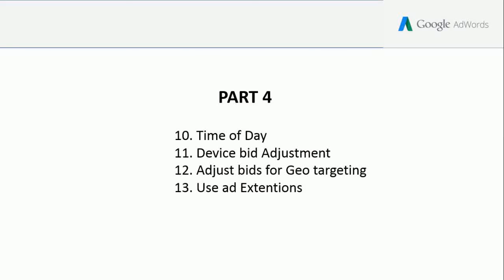Adjust bids for geo-targeting. So that's talking about certain areas. Possibly you're based in Penrith, in Sydney, and maybe you're targeting Castle Hill. People click on your website, they see you're from Penrith, and for some reason they don't like it and they don't call you, and you never get a conversion, but you're wasting money there.